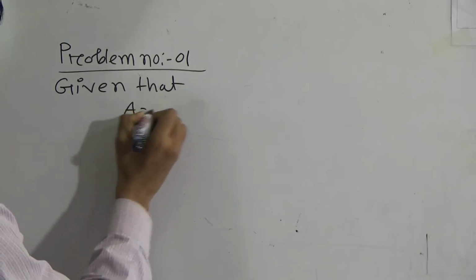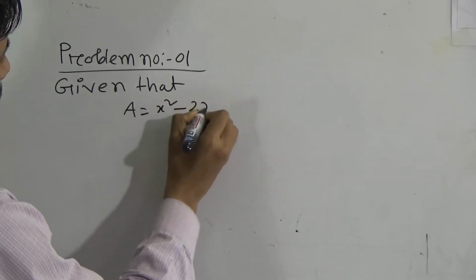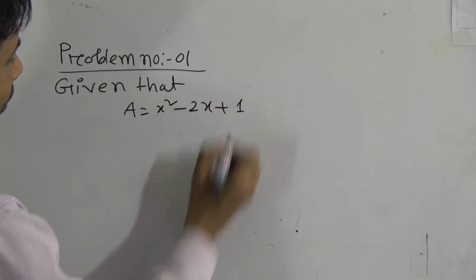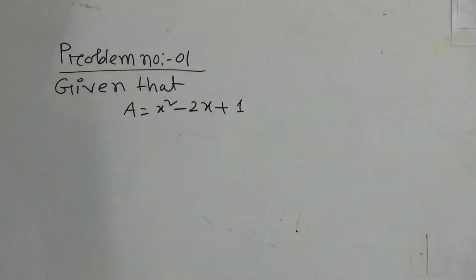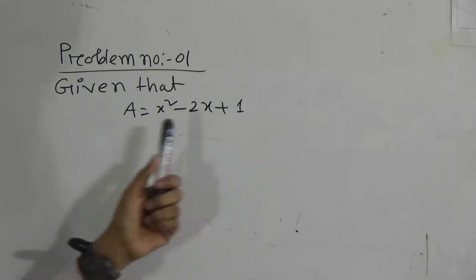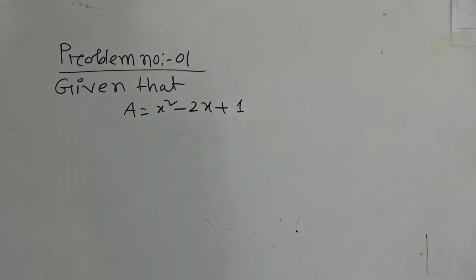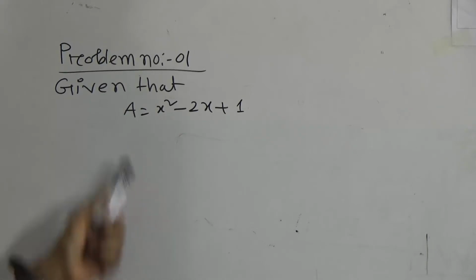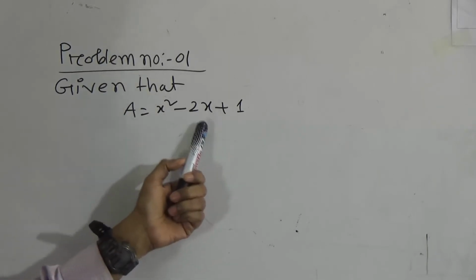Given that A equal to x square minus 2x plus 1. Now, what is the question? Question: if A equal to 0, then determine the value of x.